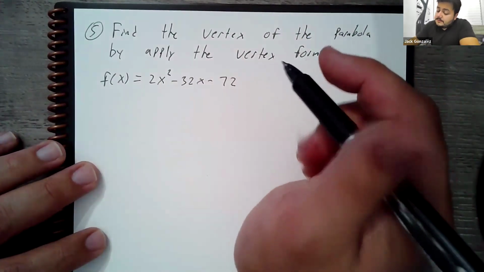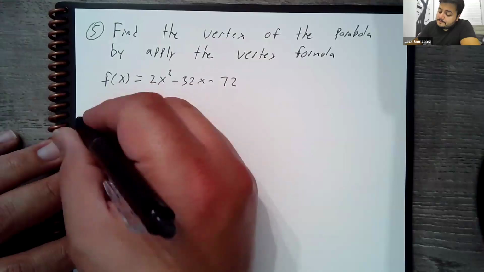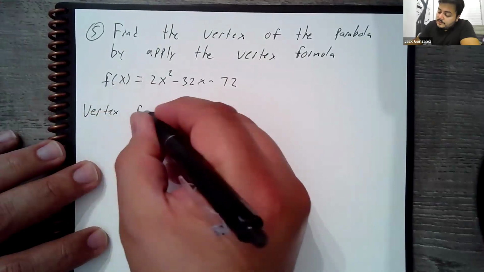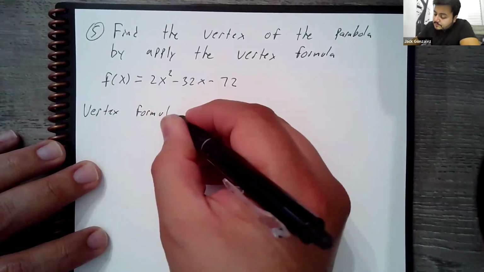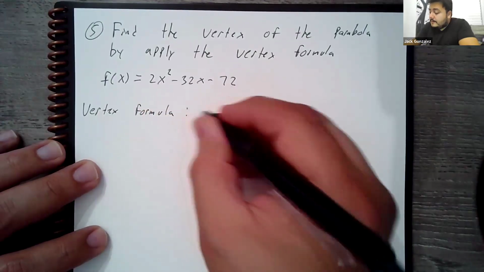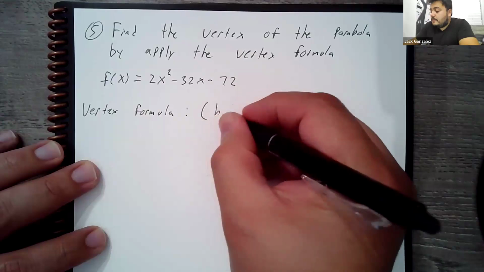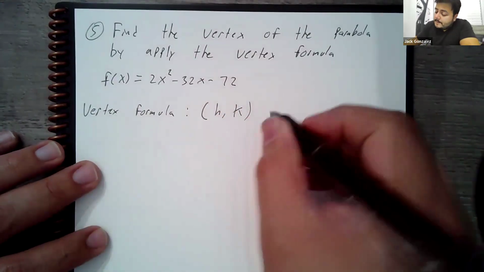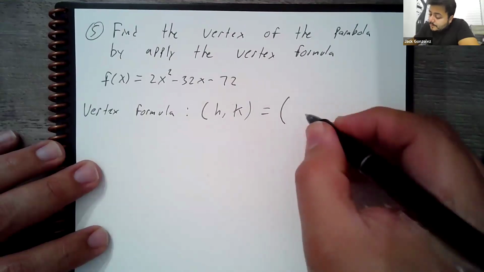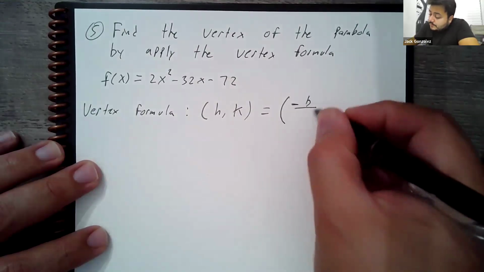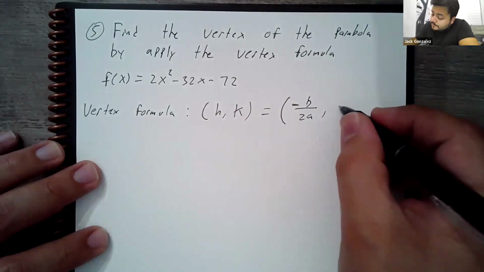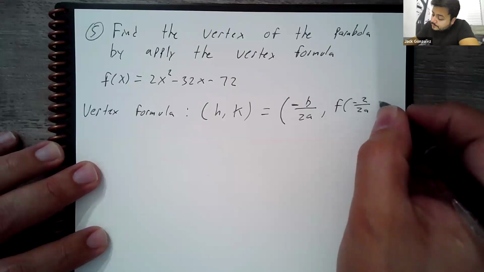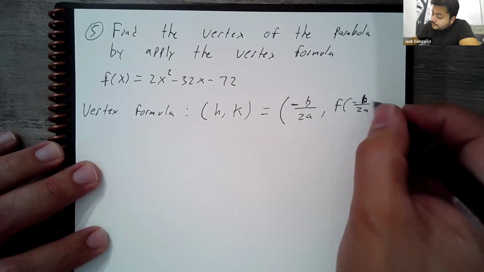All right. So vertex formula, since it's not in the standard form, we can find HK using this formula here. This is equal to negative b over 2a, comma, the function at that number, whatever that is.